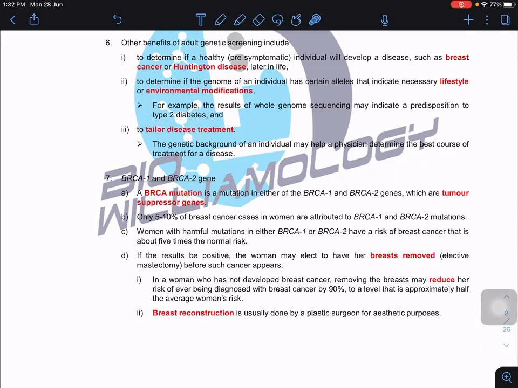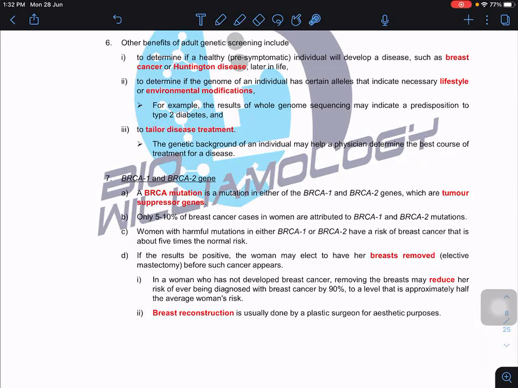Let's say you check your genome, a particular person may develop type 2 diabetes if they don't change their lifestyle. So from the genetic screening, then we do know. Or to tailor disease treatment as well. So for example, we can find a better way to treat that particular disease.